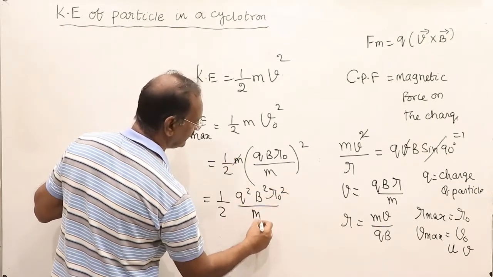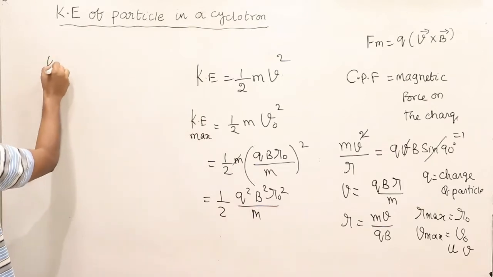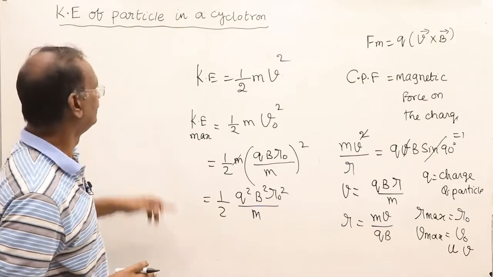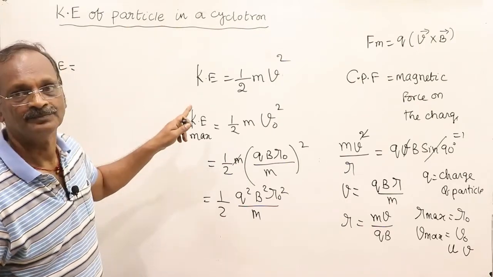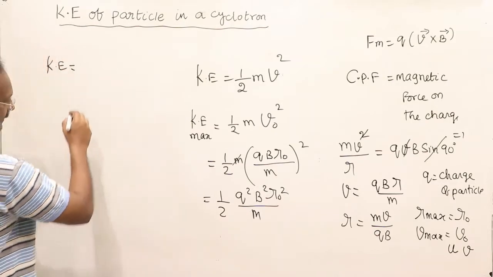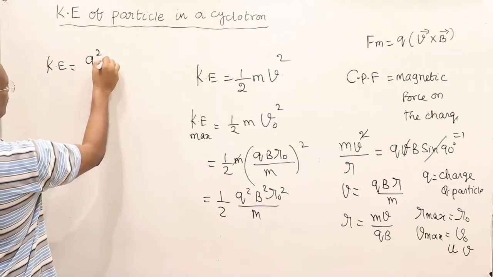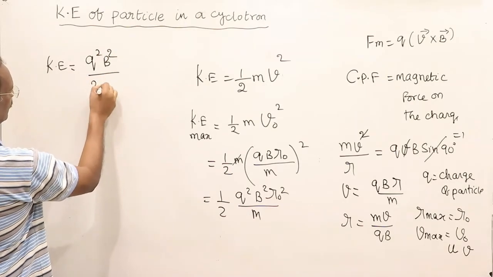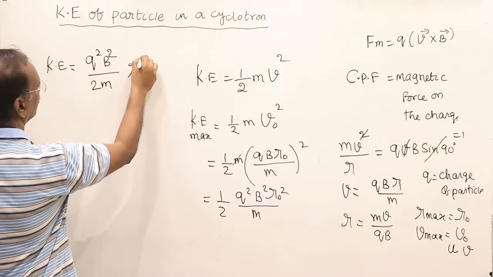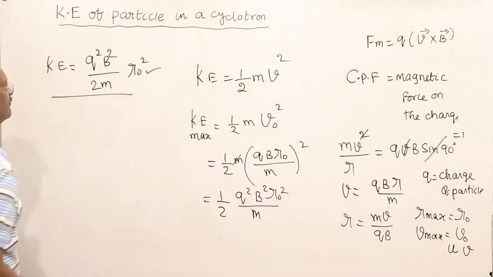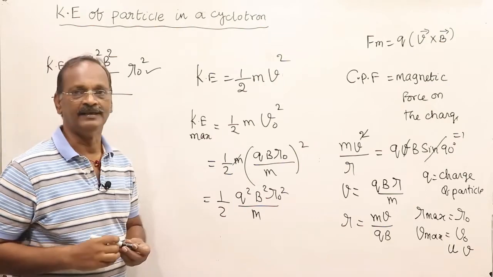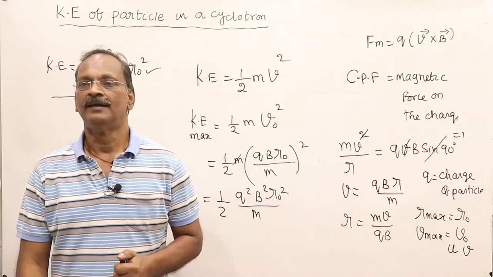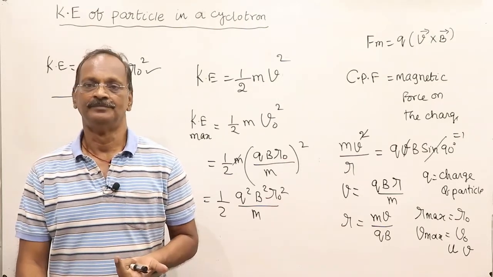Therefore the maximum kinetic energy obtained by the particle inside the cyclotron is q square B square divided by 2m into R naught whole square, where R naught stands for the maximum value of the radius when the particle reaches its maximum radius inside any one of the D's.